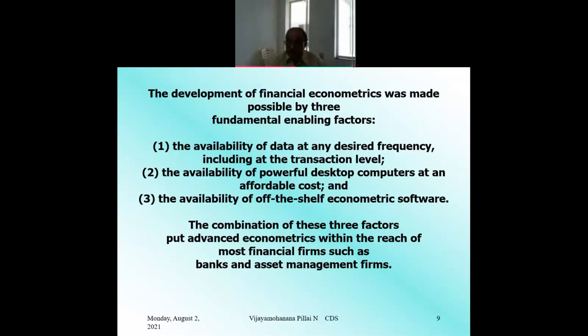Earlier, of course, we had daily data, but now, not only hourly data, every moment we are getting a particular data set. So the availability of that high frequency data was the first enabling factor for financial econometrics.